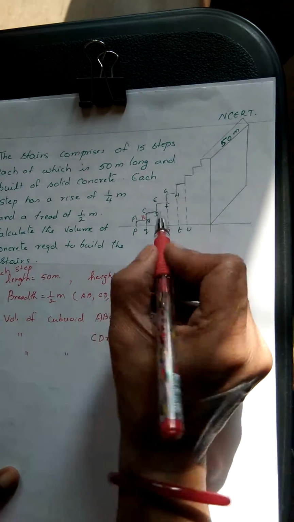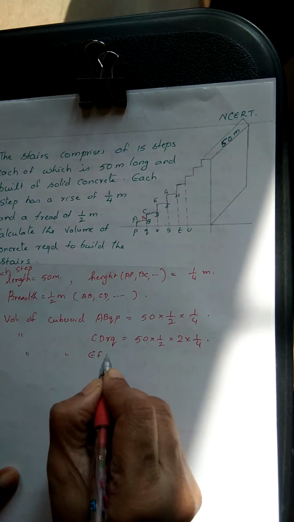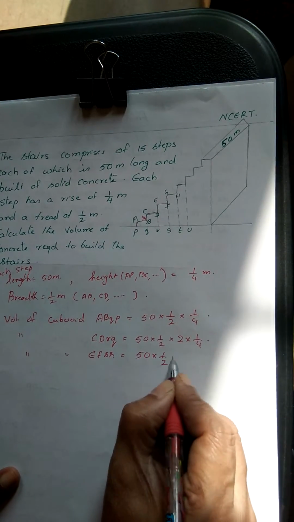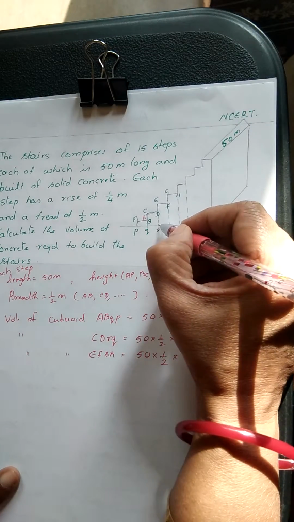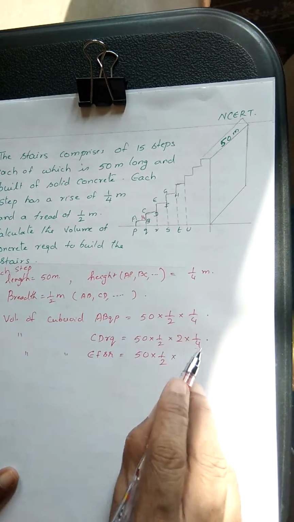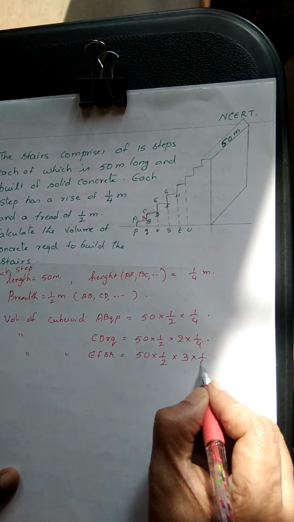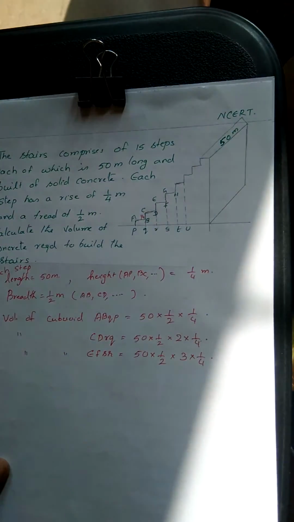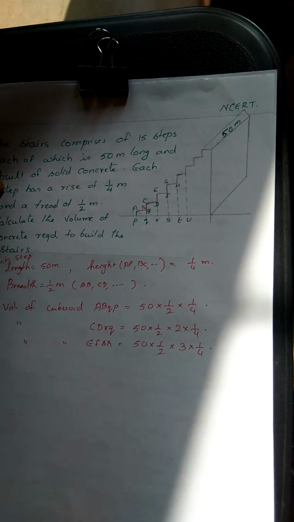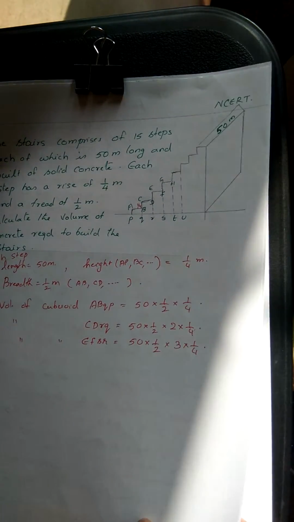Similarly, the volume of the cuboid EFSR is equal to 50 into half into, again this height is 2 into 1 by 4, which we have already written here, plus another 1 by 4. So that will become 3 into 1 by 4 and so on. Now we have a total of 15 steps. So if you find the volume of the 15 steps, you will be able to get the answer.